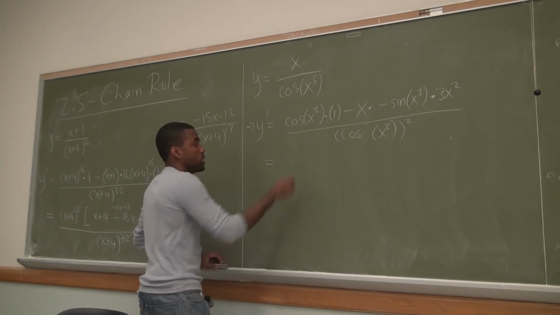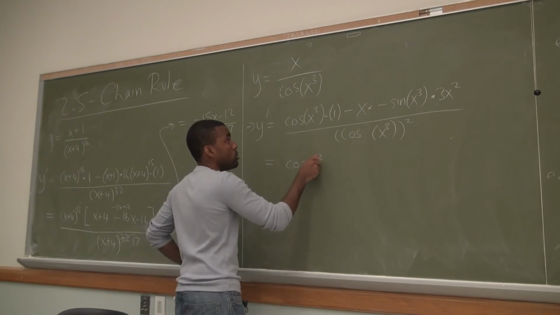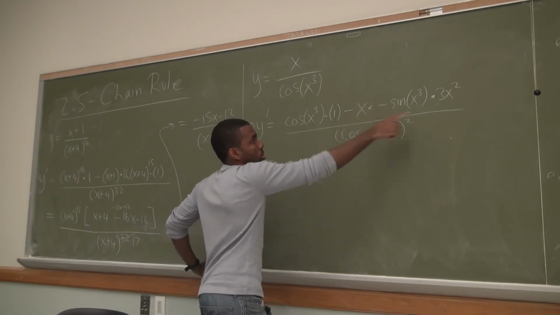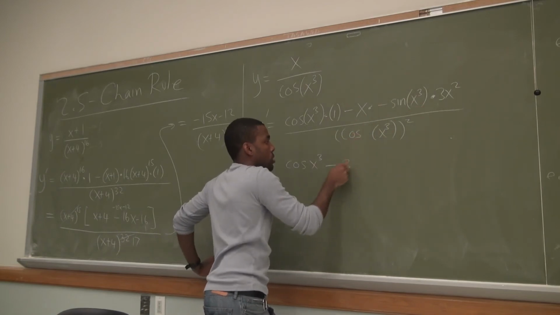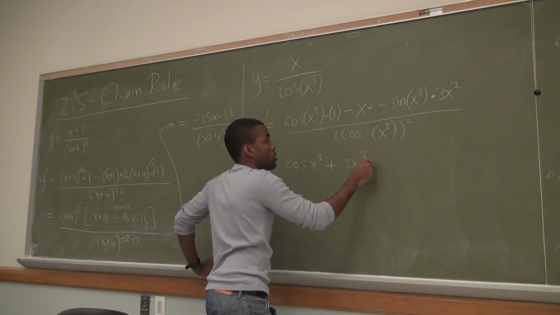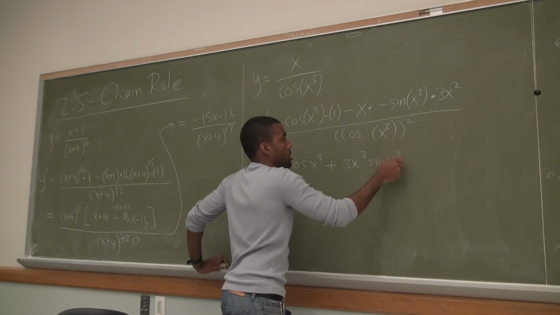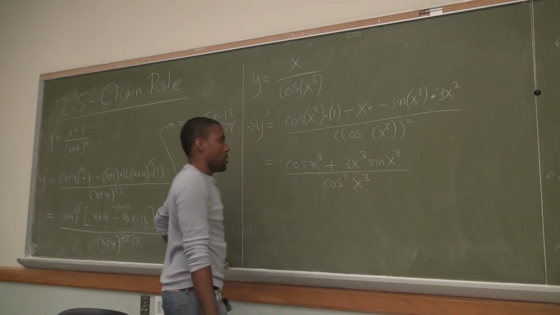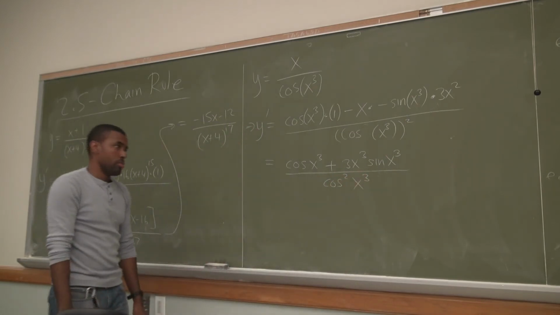So now we just have cosine x cubed minus, well, minus times minus is plus, 3x squared times this, 3x cubed sine. Can't really simplify it, leave it like that.